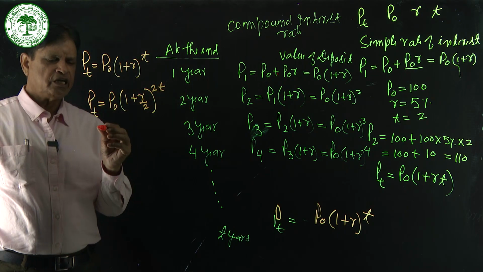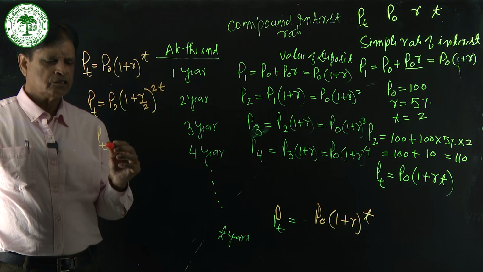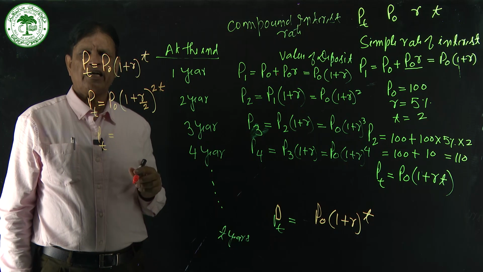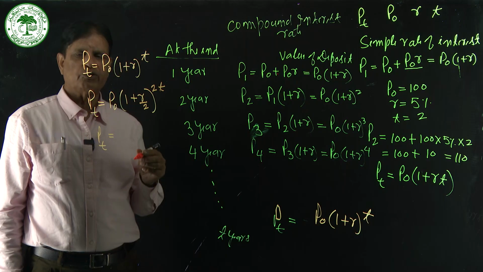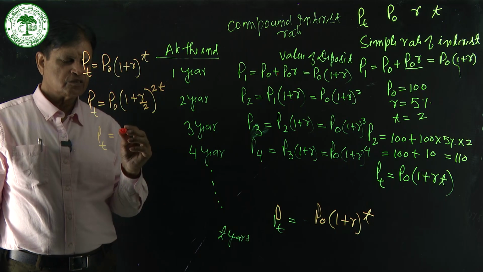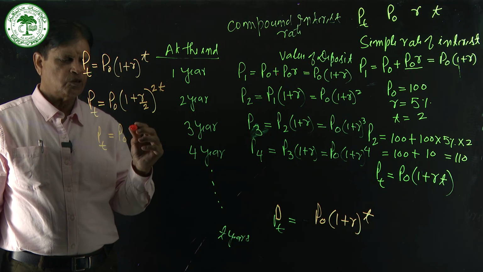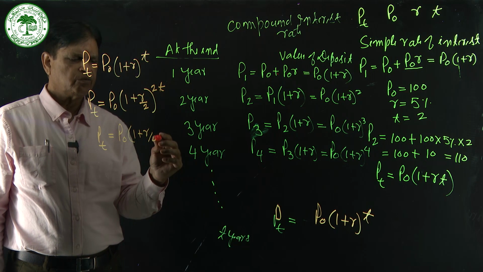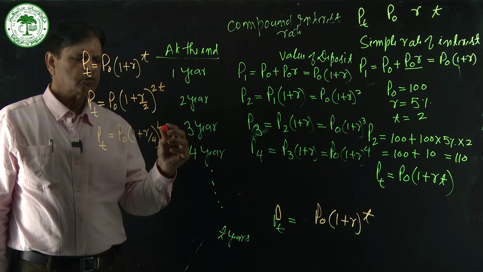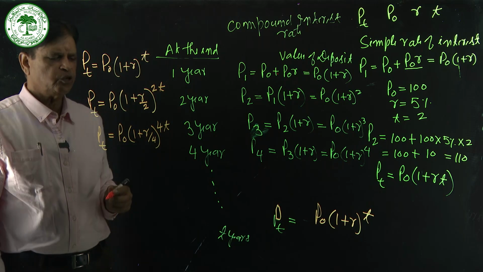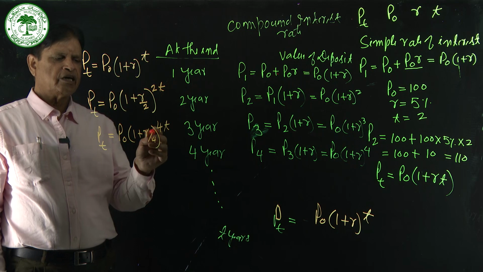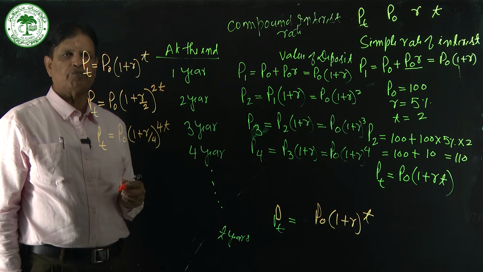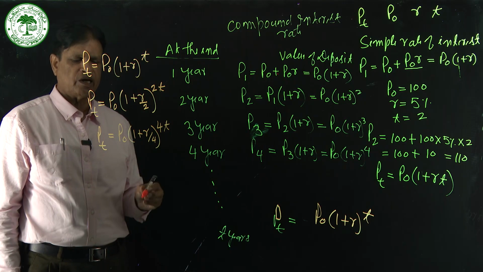Suppose we calculate interest quarterly, that is 4 times in a year, then this formula will become P0 (1 plus R divided by 4) raised to the power 4T. This will be the amount that you will receive after T period if interest is compounded 4 times in a year, that is quarterly.